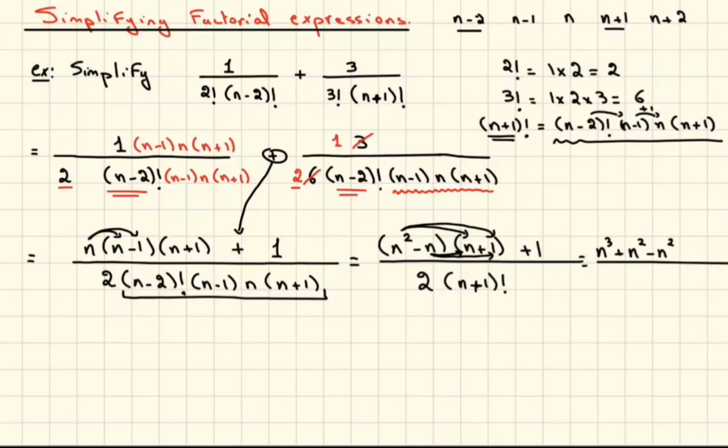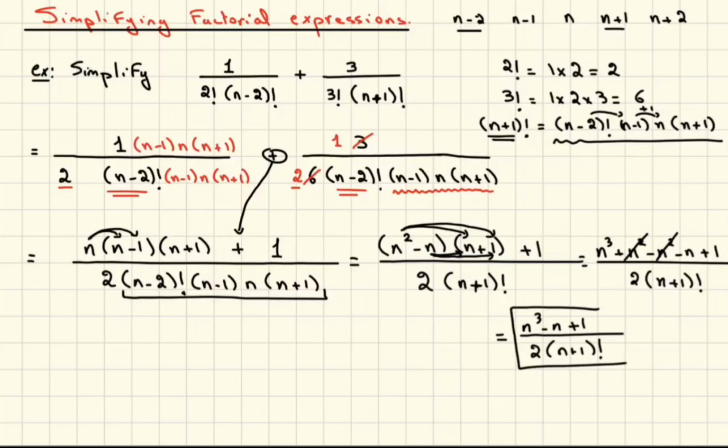Then negative n multiplied by 1, which is negative n, plus 1, over 2 multiplied by n plus 1 factorial. Now, n squared with negative n squared cancel out, and we still have n cubed minus n plus 1 over 2 multiplied by n plus 1 factorial, and this will be my final answer.